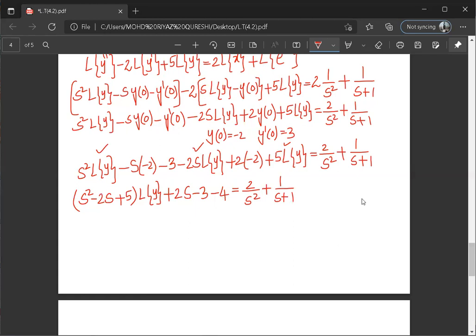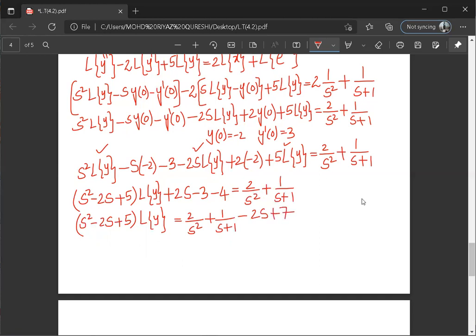Next step, I'll bring that side. S square minus 2s plus 5 L of y is equals to 2 over s square plus 1 over s plus 1. Now we can see plus 2s will become here minus 2s, minus 7 will become here plus 7.